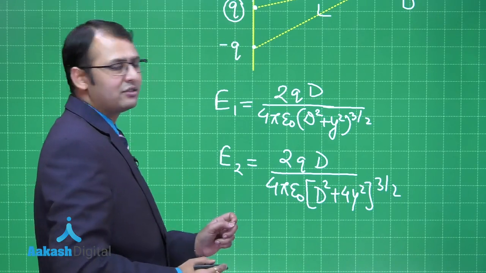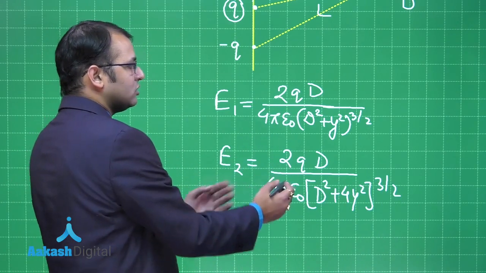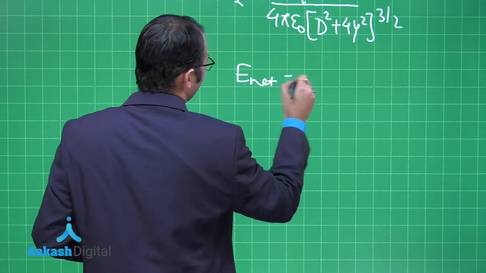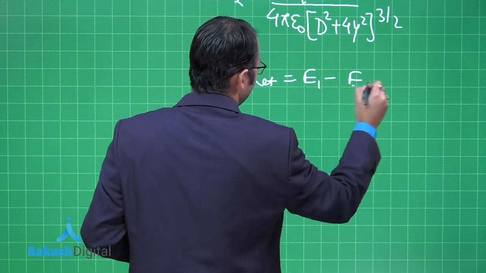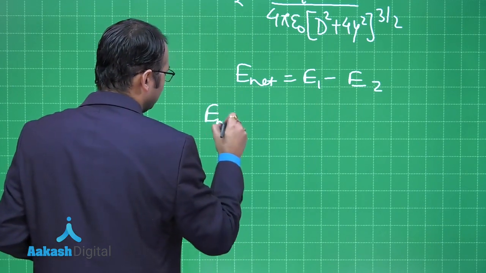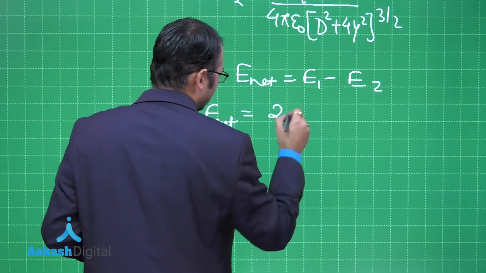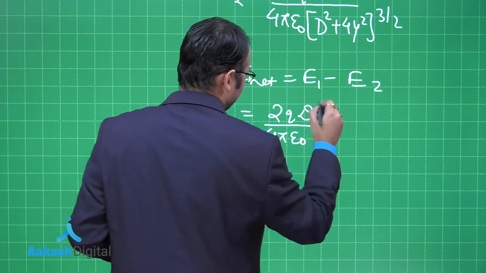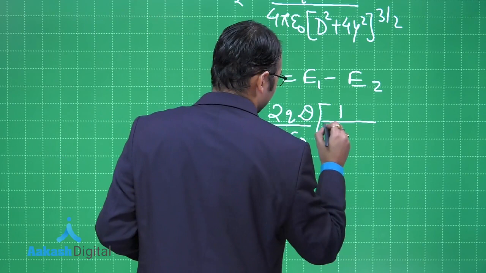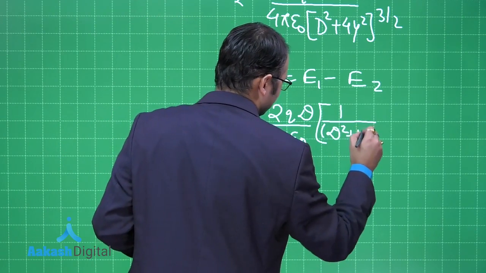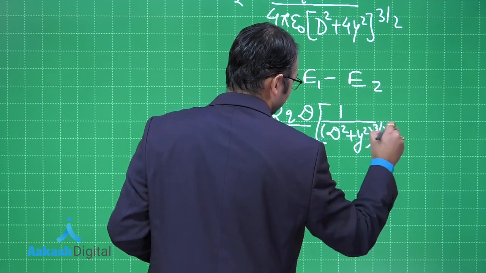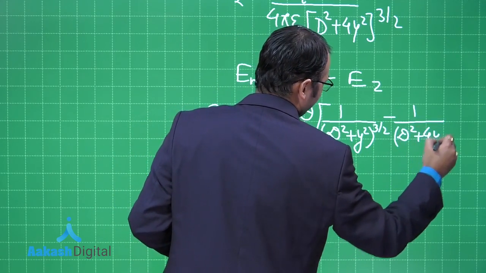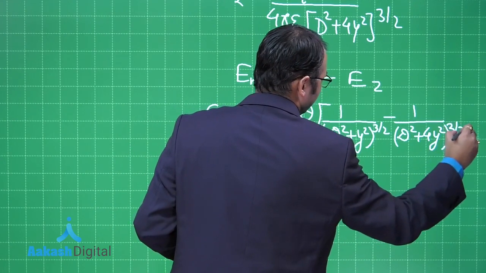What would be the net electric field? So definitely this is a greater value, this is the smaller value. So I'll say net electric field would be equal to E1 minus E2. When you put down the values, you will get E net as, let's take common, 2qd over 4 pi epsilon naught as common. What you are left with is (d square plus y square) power 3 by 2 minus (d square plus 4y square) power 3 by 2, right?